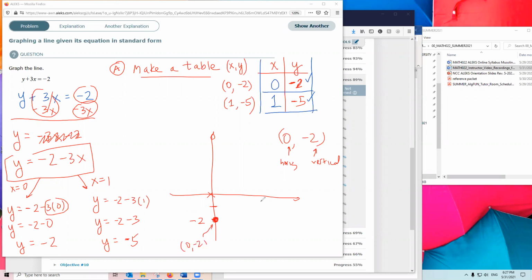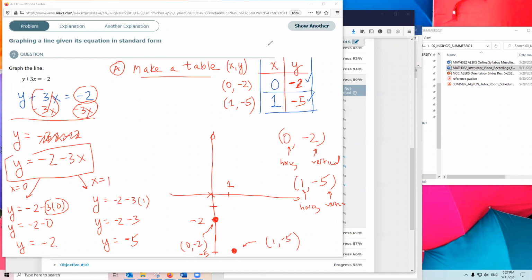All right, let me do the same thing for 1, -5. 1 is the horizontal distance and -5 is the vertical. So I'm going to go horizontally 1 and then vertically -5, which is down here somewhere. That's going to give me this dot down here. So this dot is 1, -5.